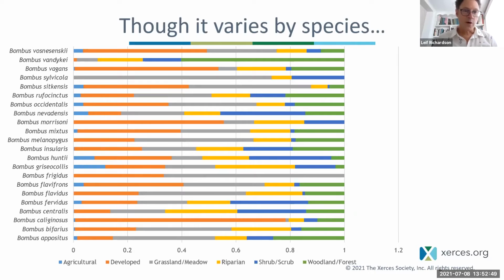At the top, Bombus vosnesenskii, a very common one that you're probably familiar with, is often found in developed areas. Also found in open areas like grasslands. By contrast, Bombus vandykei, just below that one, has a very different set of habitat types, and it's especially found in woodland and forests in the Pacific Northwest. So we need to think about each of these species as having their own adaptations to using the environment to extract resources and reproduce.